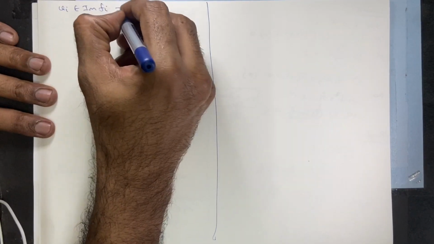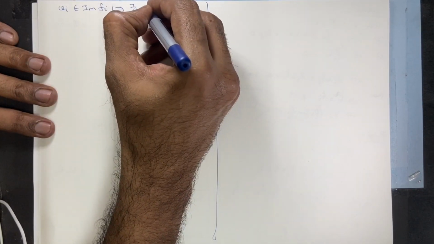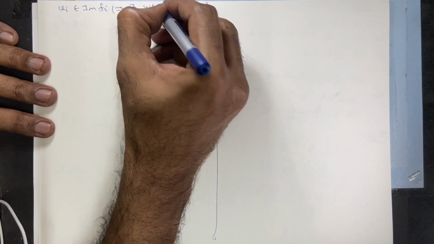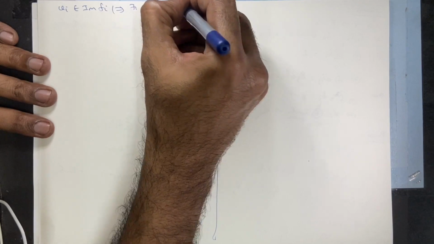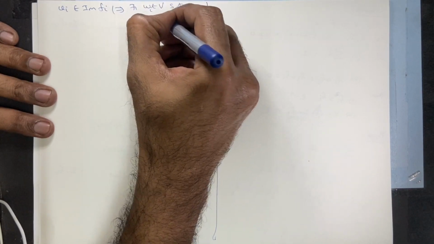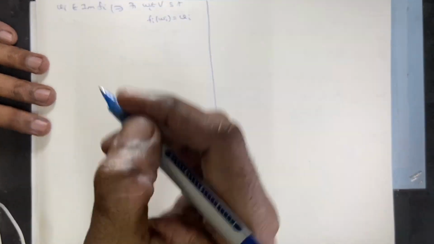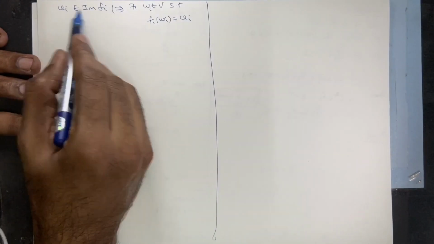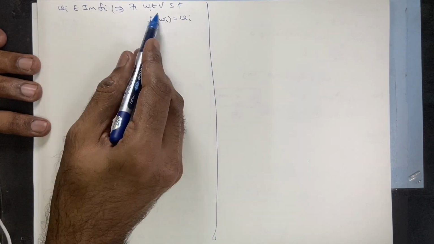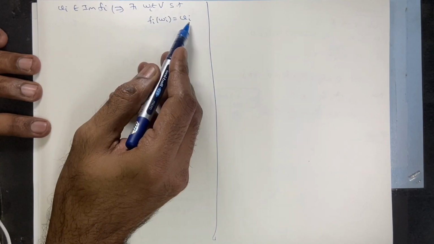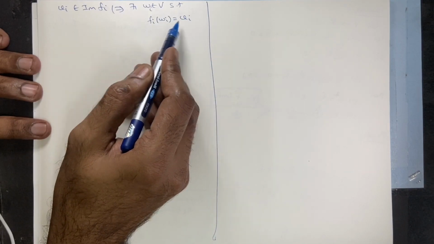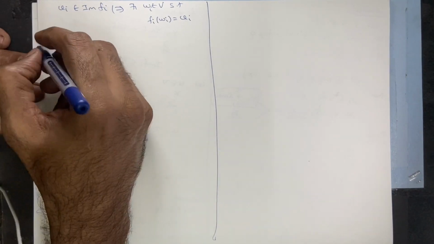So this is equivalent to saying that there exists Wi belonging to V such that Fi of Wi is Vi. This is the definition of image of Fi. Since this element belongs to image of Fi, it has to be the image of some element in V. Therefore there exists Wi in V such that Fi of Wi is Vi.